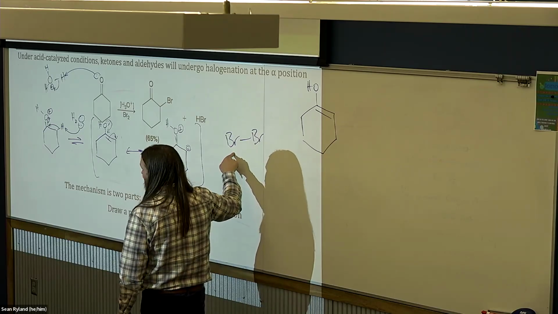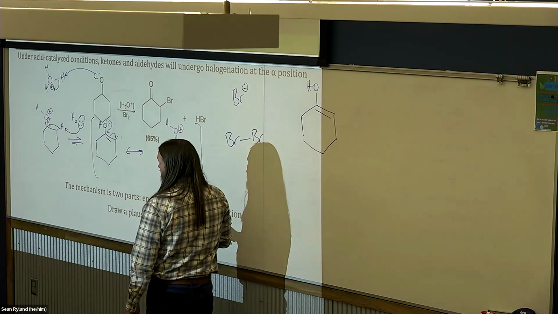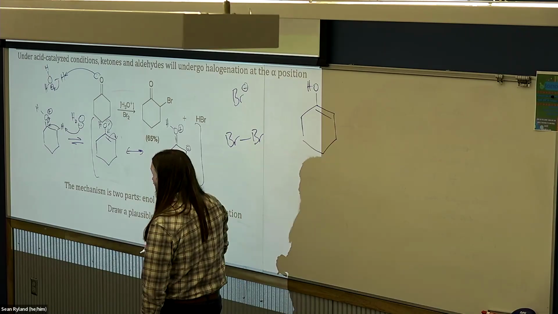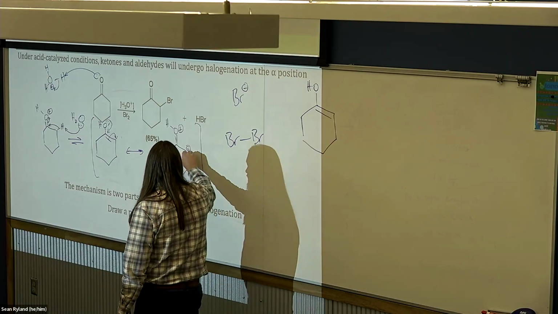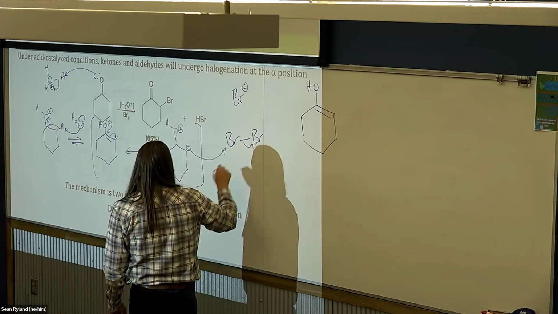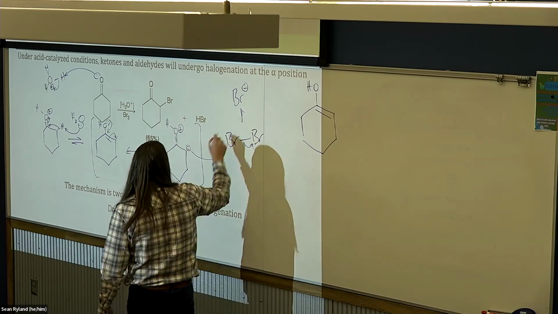But bromine gas doesn't act as a nucleophile. Bromide acts as a nucleophile. It's got a negative charge. Bromine is typically an electrophile. So the negative charge will come in here and attack one of the bromines, so that the other one can leave and turn into a bromide.